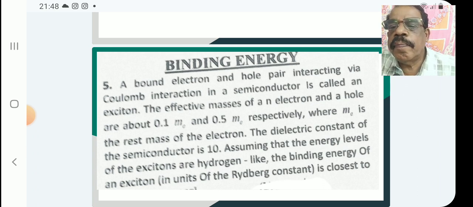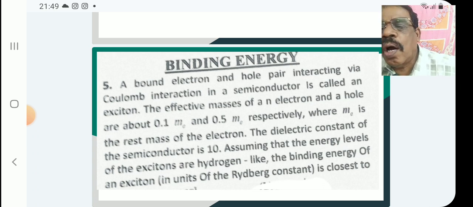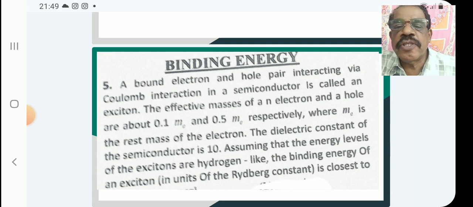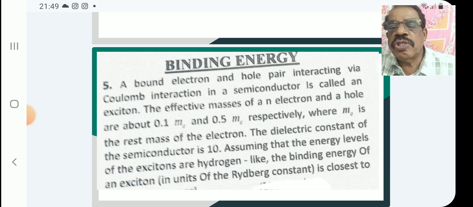The effective masses of an electron and a hole are about 0.1 me and 0.5 me respectively, where me is the rest mass of the electron. The dielectric constant of the semiconductor is 10.